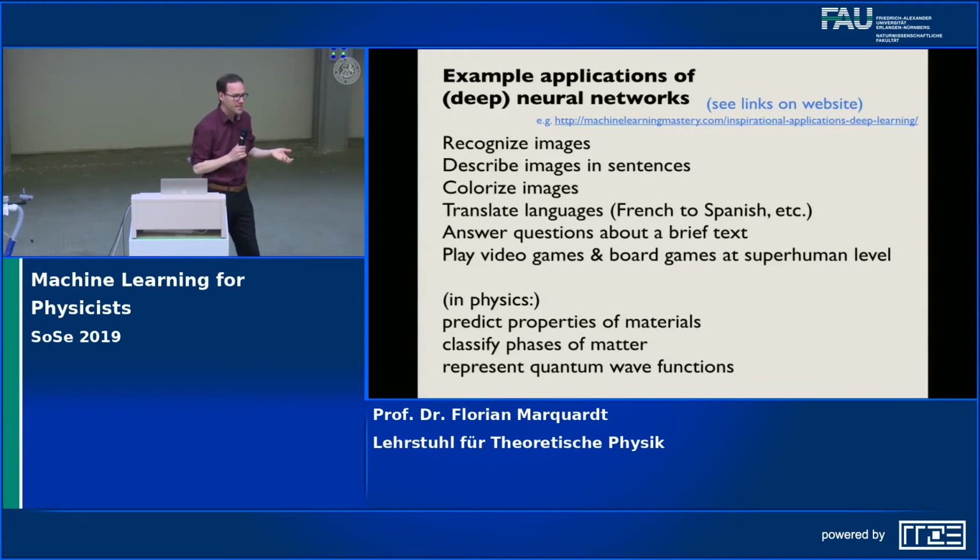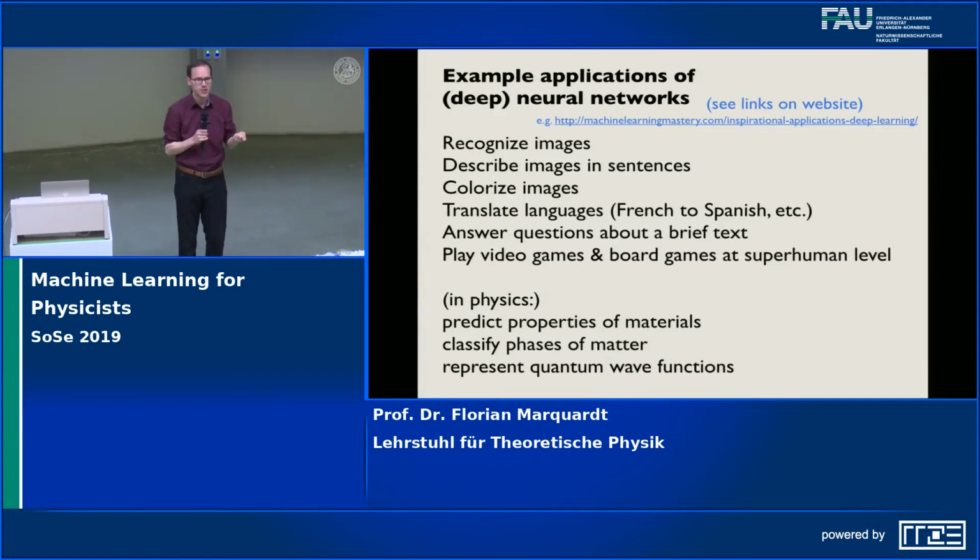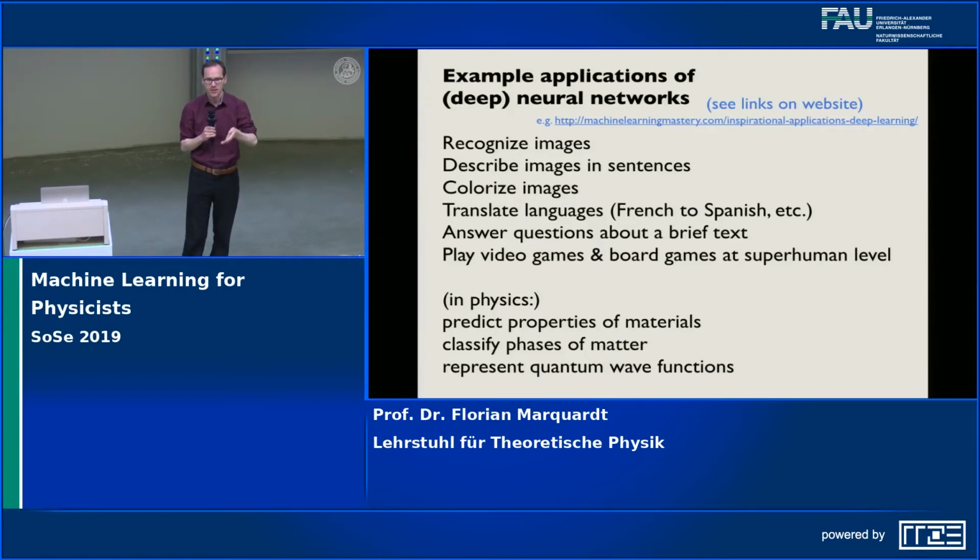They can colorize images. What I mean by that is you have trained a neural network on many pairs of black and white or grayscale images and the corresponding color images, and then it learns to colorize arbitrary images, which means understanding a little bit about the meaning of images, understanding the typical color of, I don't know, a lake, for example, which should be blue.